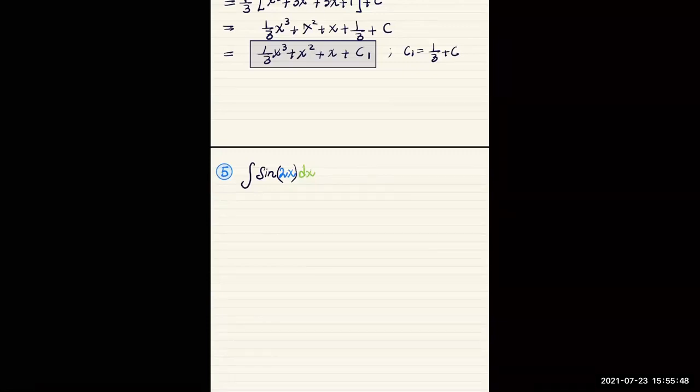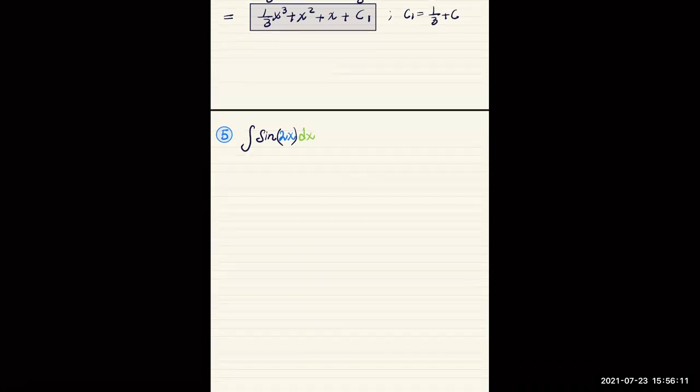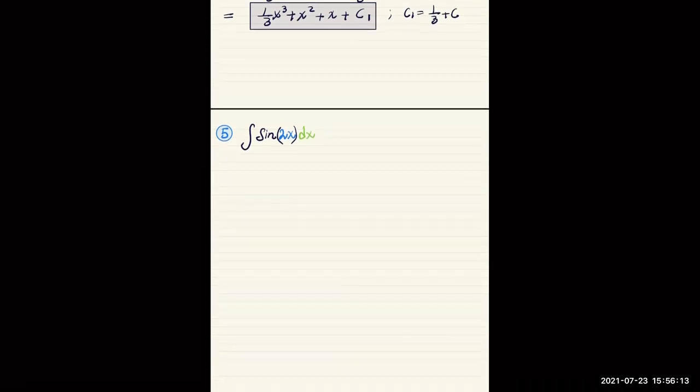Now, if I let u equal 2x, is the derivative sitting in the integrand? Well, the derivative of 2x is just 2, a constant you can manipulate. So substitution is just going to work out.